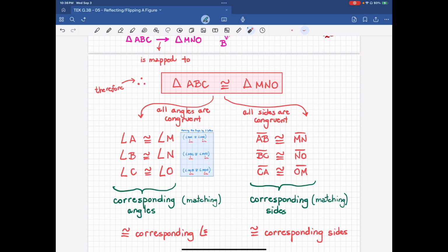The only time this is going to be true is if you have a congruence transformation. That would be a translation or a slide, a reflection or a flip, or a rotation or a turn. So translation, reflection, rotation, or slide, flip, turn.